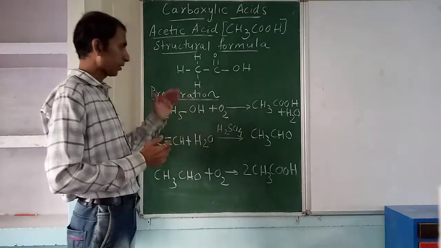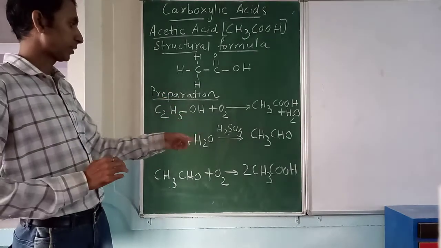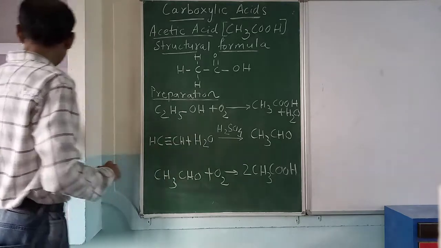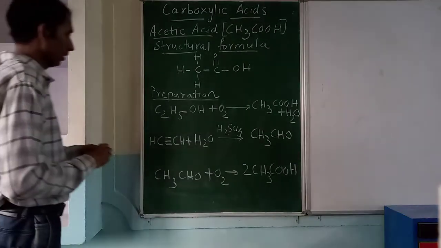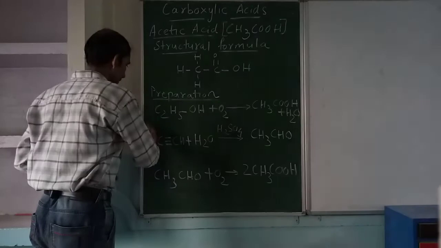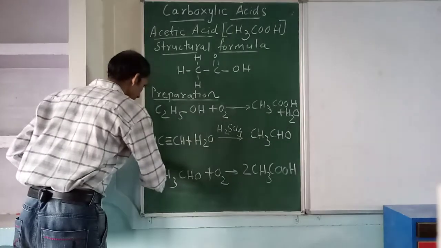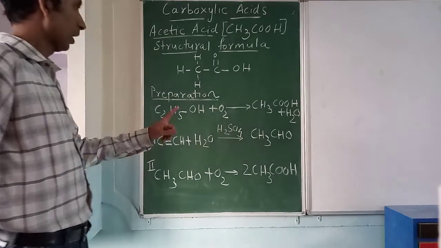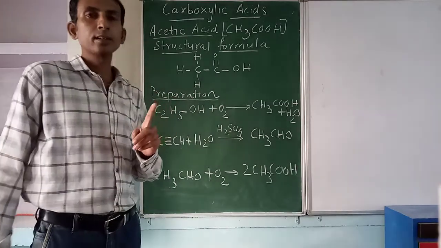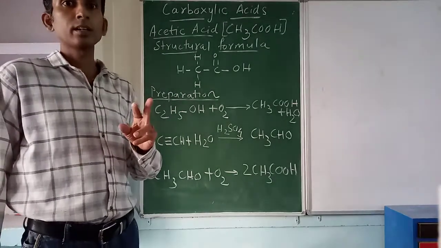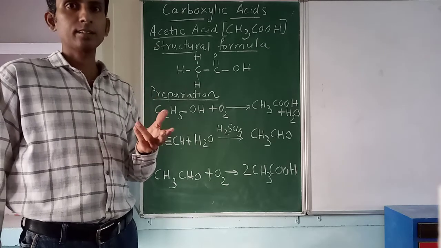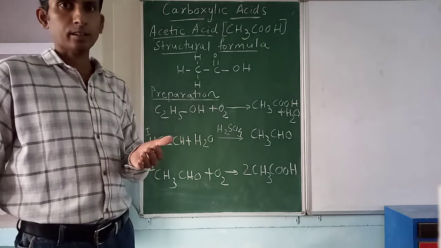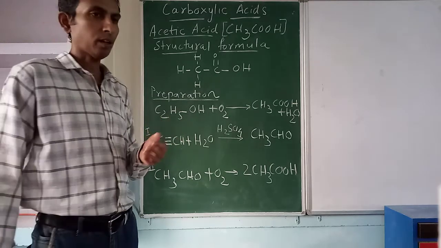Now the second method, a very important method. It is a two-step method. This is the first step of this method, and this is the second step. Here we are going to prepare acetic acid from ethyne. Ethyne means acetylene, C2H2.